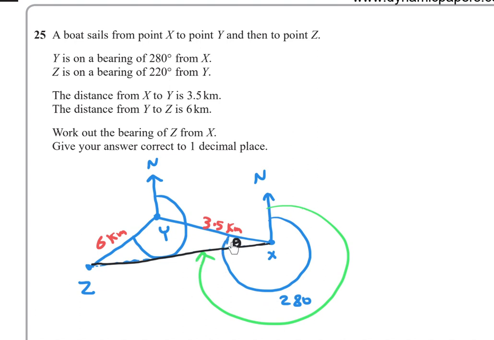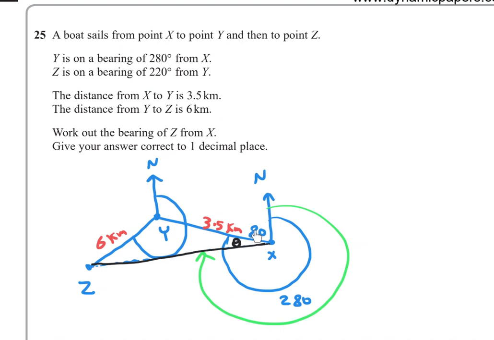Now to find this angle, in triangle XYZ we have two sides, XY and ZY, but we have the bearing of Y from X, which is 280. So this angle is 360 minus 280, so this angle is 80.